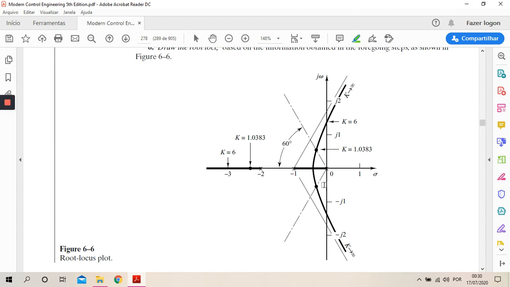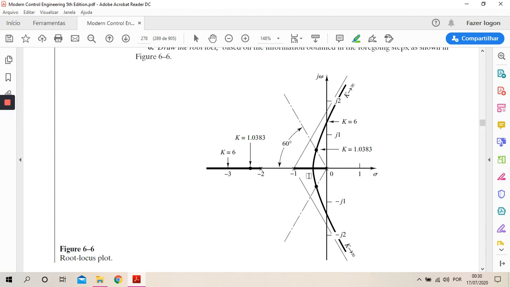However, the root locus crosses, goes beyond the real axis and goes into the complex plane, having imaginary components. And here, the breakaway point is exactly here. Okay, exactly this point here, the breakaway point, where the angle along the real axis has a maximum.